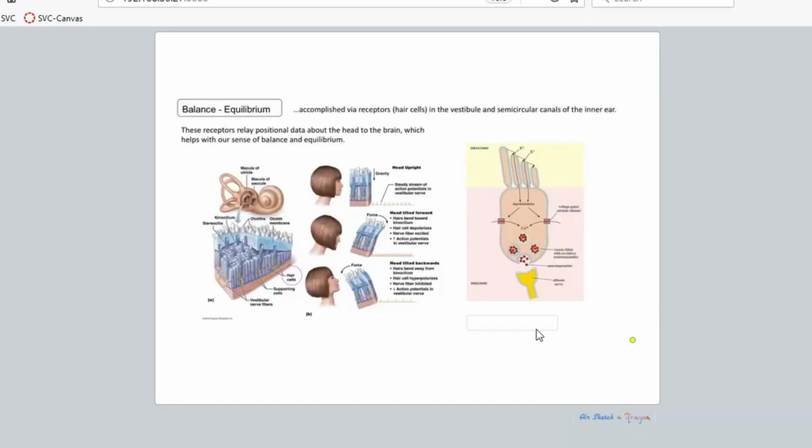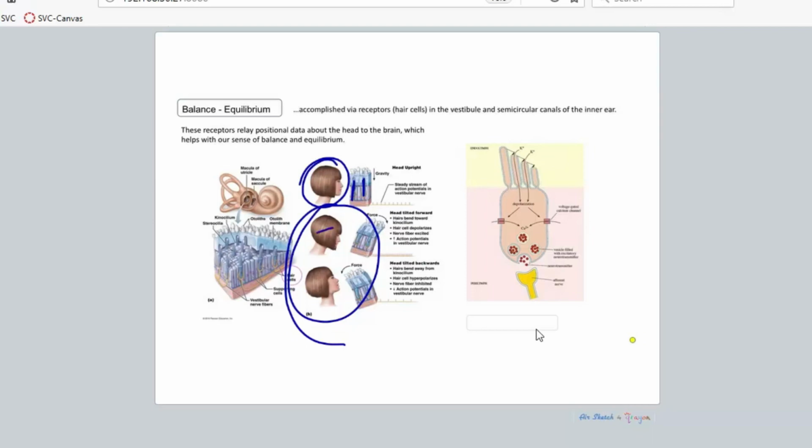Balance and equilibrium is also detected by the inner ear, but instead of the cochlear region, it's up here in what we call the vestibule region and the semicircular canals. But the principle's kind of the same. This is monitoring the position of the head. When your head is straight up, these sensory receptors are upright and not stimulated.